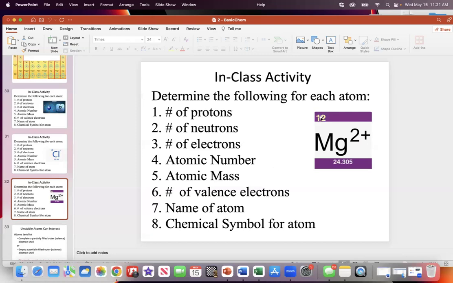Atomic number 12, atomic mass 24. Number of valence electrons: he has 10 electrons. The first layer, 2. The second layer, 10 minus 2, 8. The number of valence electrons will be 8. Name of this atom, magnesium, chemical symbol, Mg.